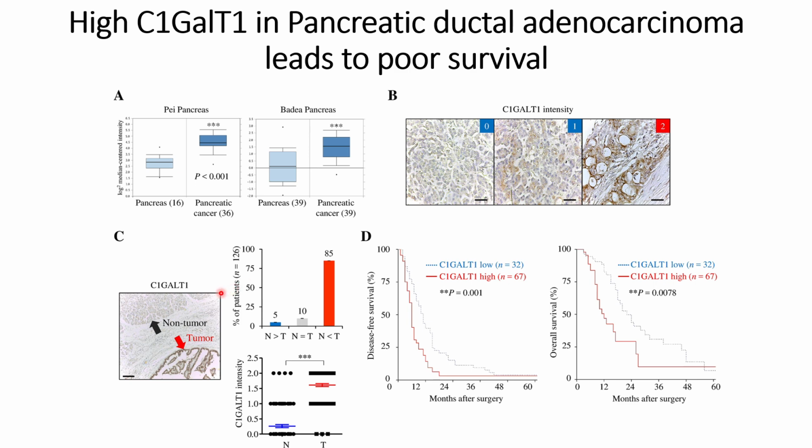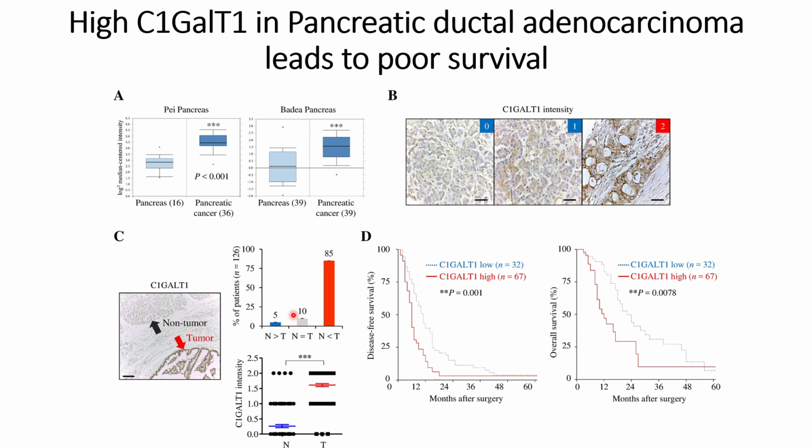Thereafter, they analyzed patient samples, tissue that has the tumor and tissue that does not have tumors. What they found is that the percentage of samples where C1GalT1 is overexpressed is around 85% among the total 126 samples.